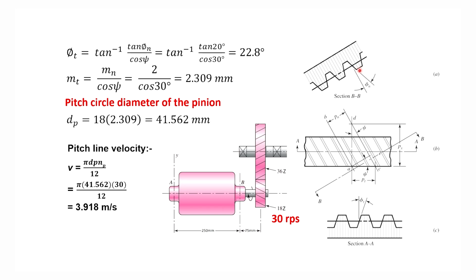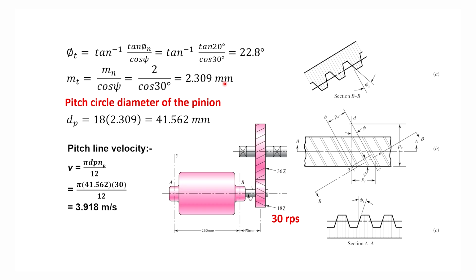With the help of normal module MN, which is given in the problem as 2 mm, and the helix angle given as 30 degree, we can find the tangential module, which is 2 divided by cos 30 degree, and thus the tangential module is 2.309 mm.